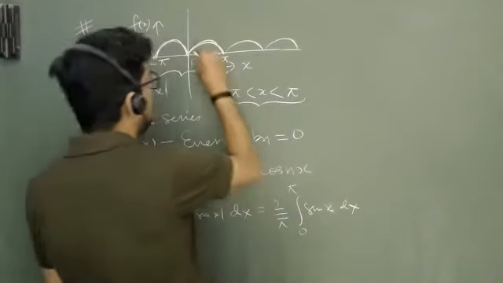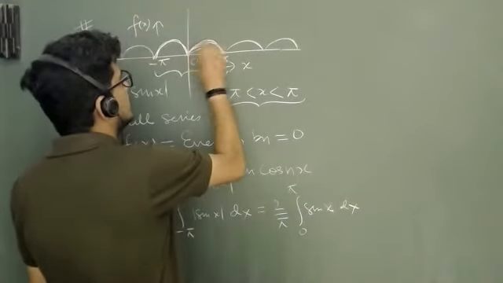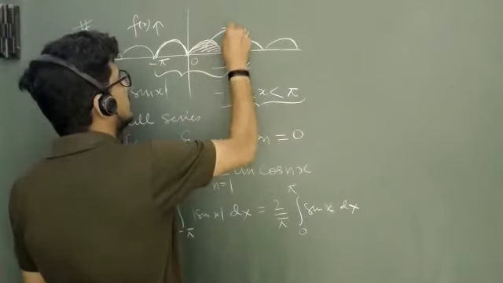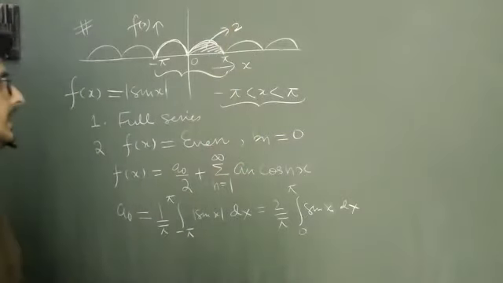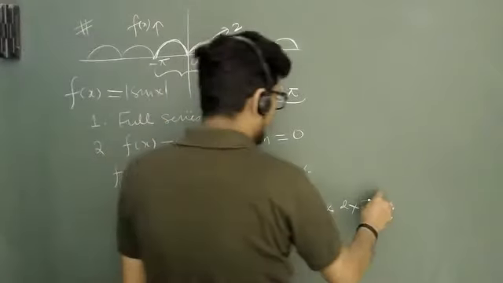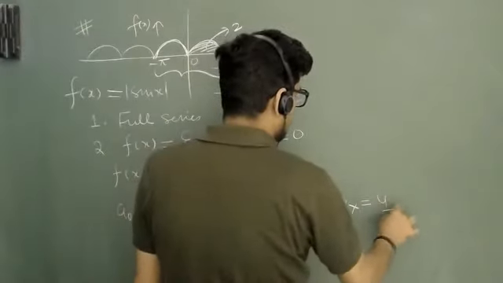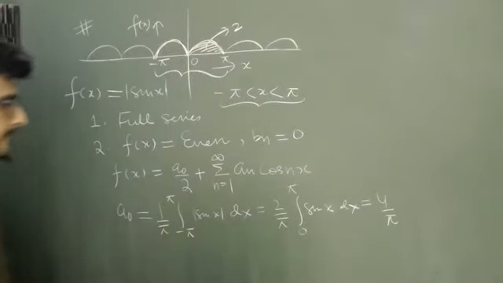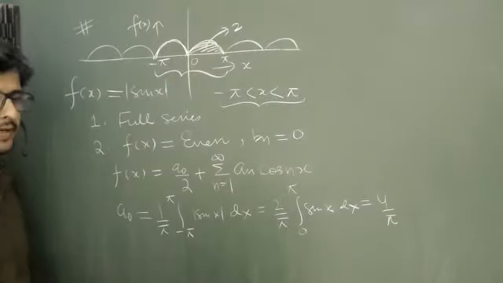This integral, the area of sine from 0 to pi, is 2. You have done it many times. So it will become 4 by pi. Right? Okay, correct.